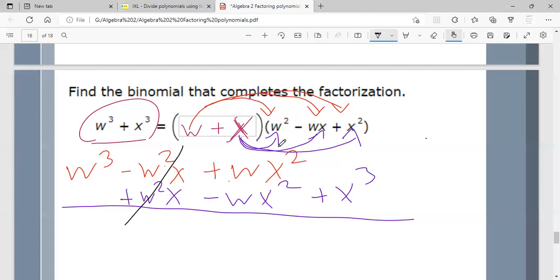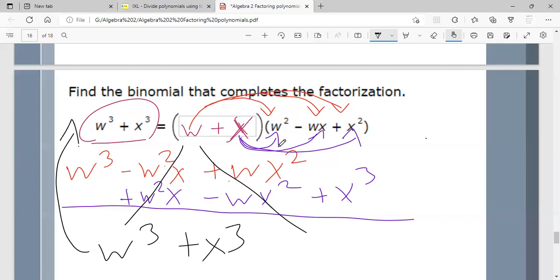They go bye-bye because of minus and plus, and you are left with w cubed plus x cubed. And guess what? That's what we wanted all along. And that's how we did it. Bam. And that's how I know that my answer that I put in here is correct.